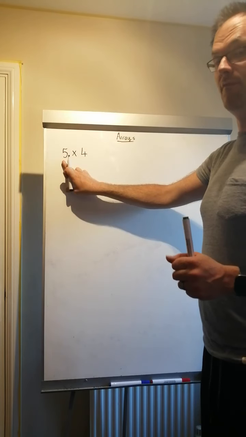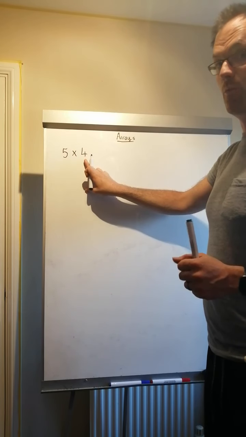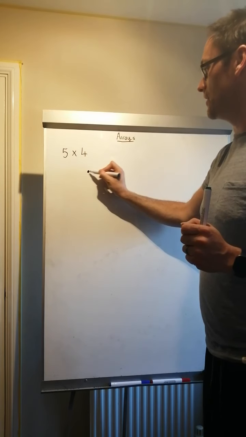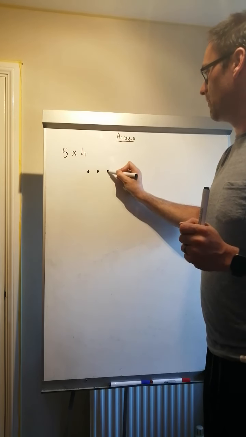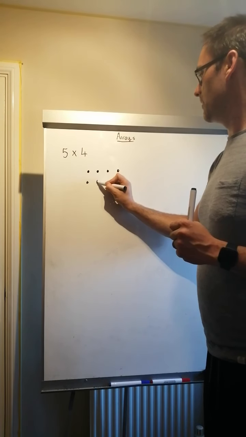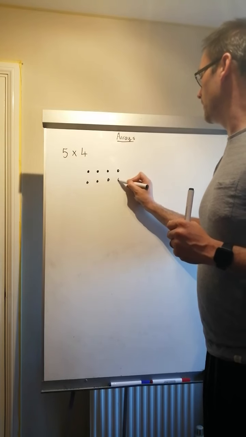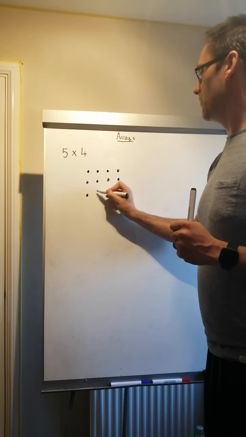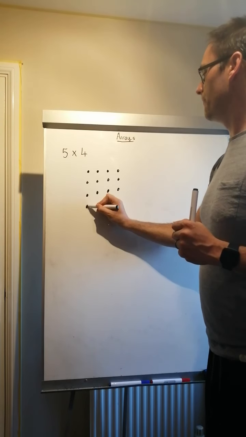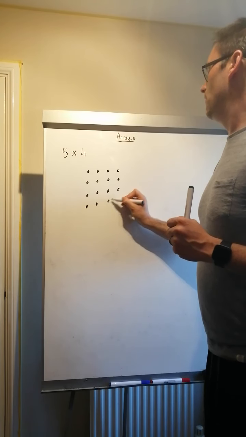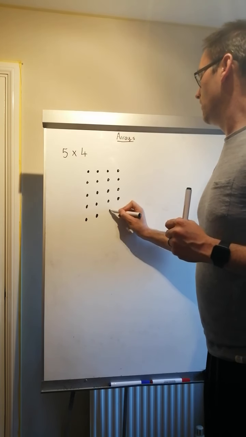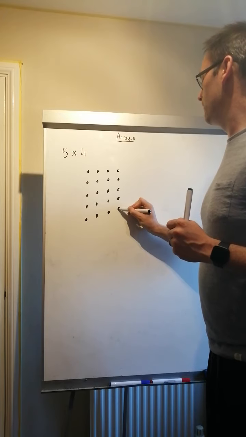The first number is the number of lines. The second number is how many dots in that line. So we're going to do 5 lines of 4. So there's my first one. Okay, here's my second. You can draw this while I'm doing it as well. Three, 4, 5.